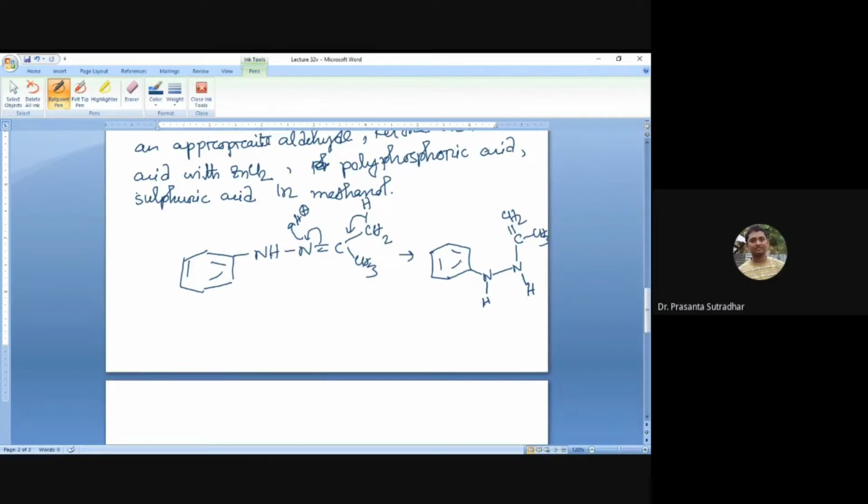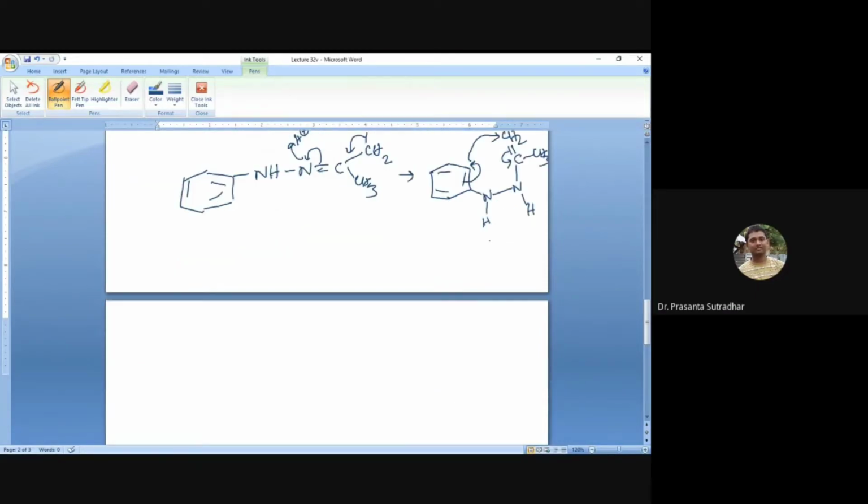Now the pi electron from this benzene ring will attack it here. It will come up into this carbon.